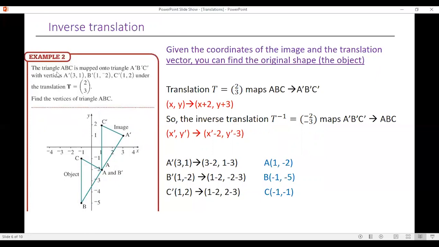The triangle ABC is mapped onto triangle A prime, B prime, C prime under translation T with coordinates 2 and 3. Find the vertices of triangle ABC. So we have the image, we have to find the object.